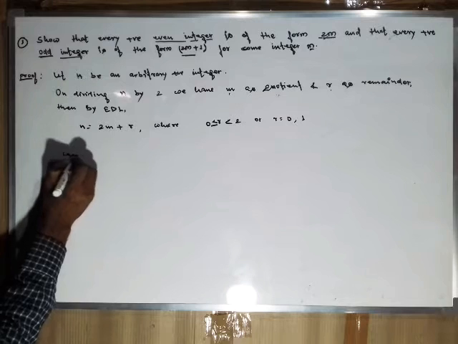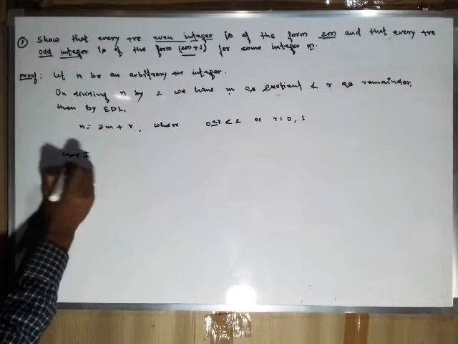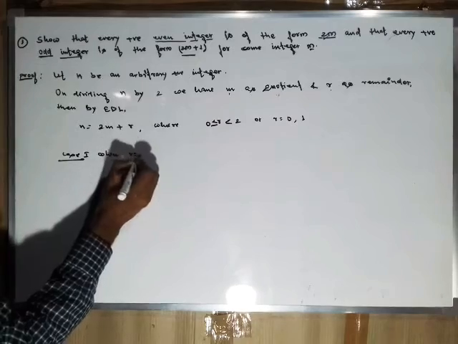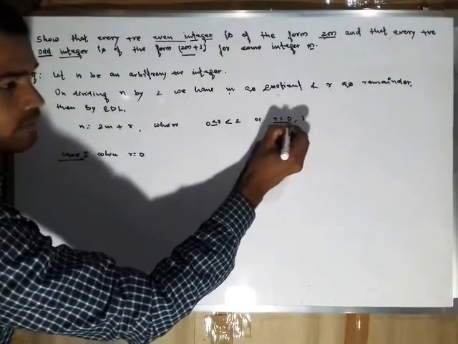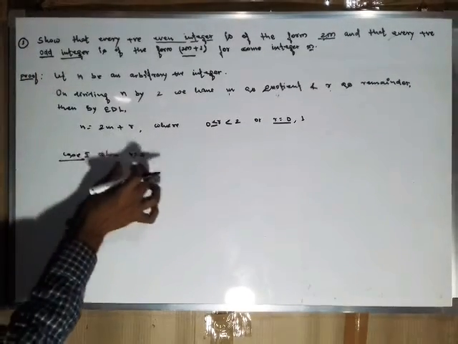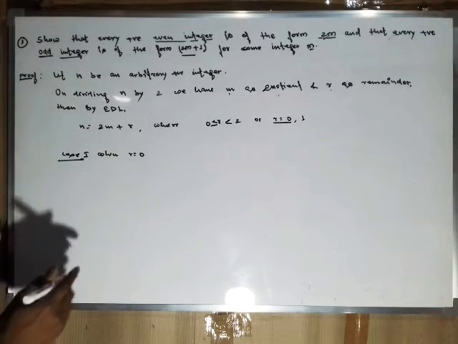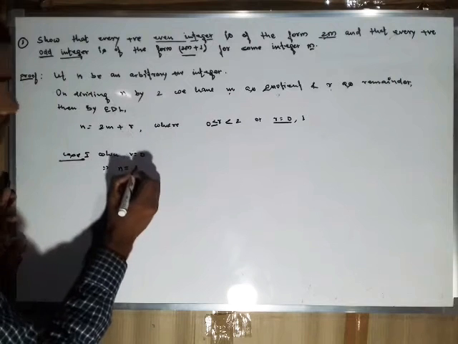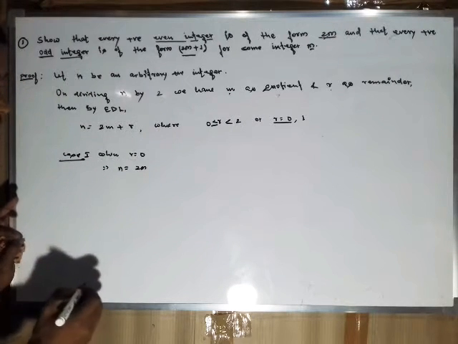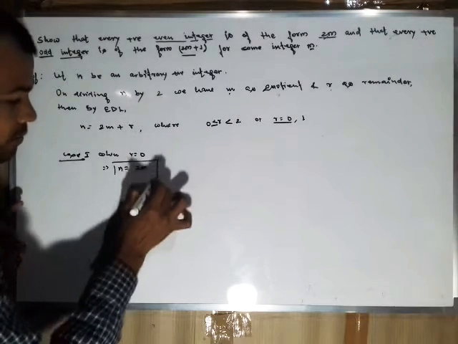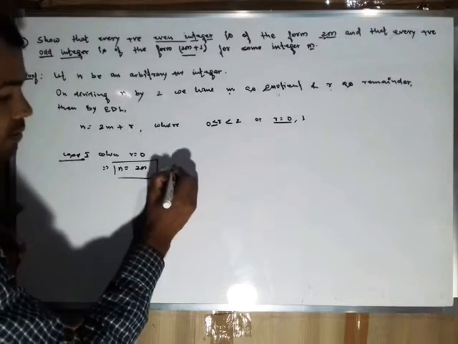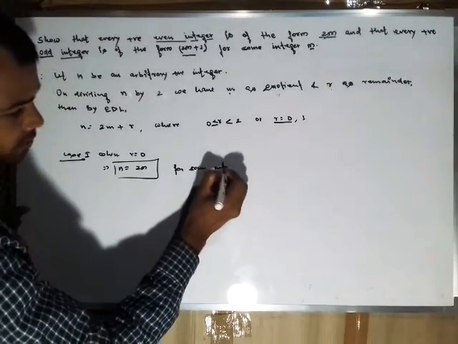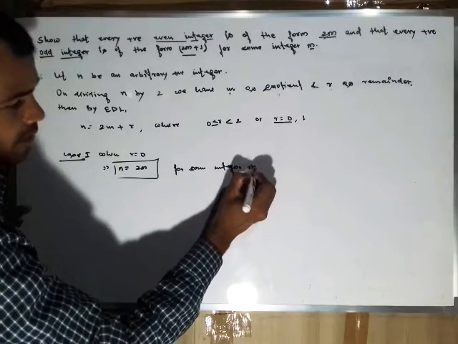Case first: when r equals 0, meaning the remainder is 0, this implies that n equals 2m for some integer m.